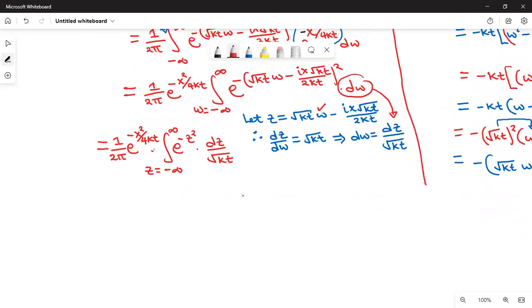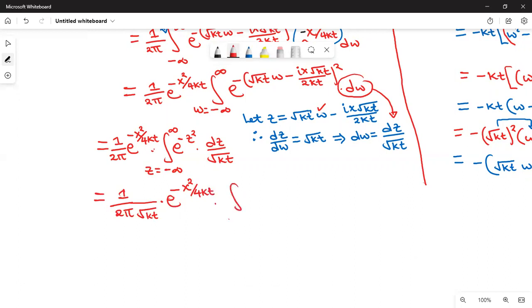So this can as well be written as 1 over 2π times the square root of kt, then times exponential negative x squared over 4kt.